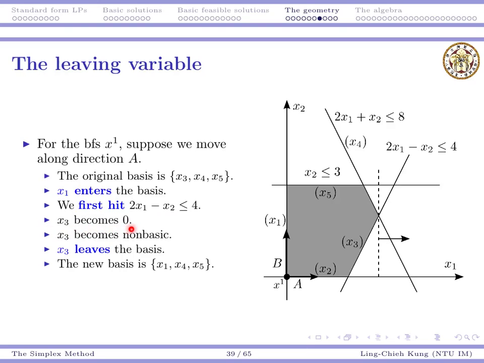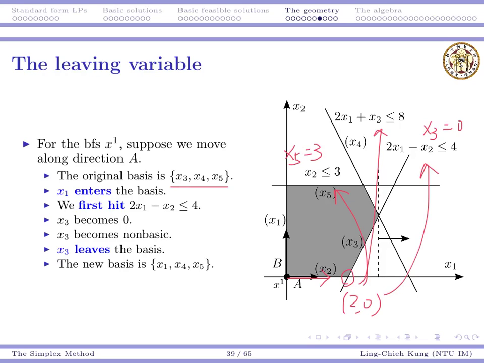When I move along this direction, all three basic variables x3, x4, and x5 change simultaneously. At this point, x1 and x2 are 2 and 0. If you plug in 2, 0 here, you can see that x3 becomes 0. But at the same time, x5 is still 3, and x4 is still 4.